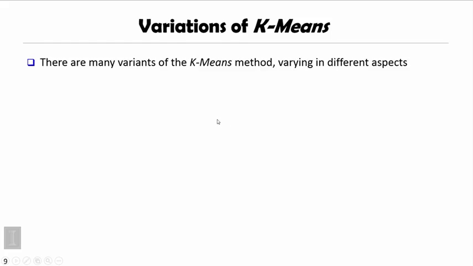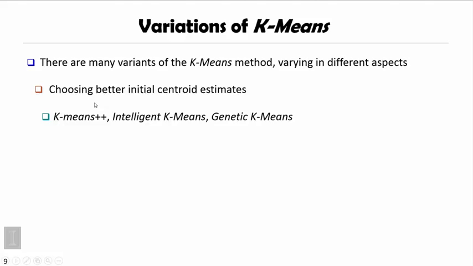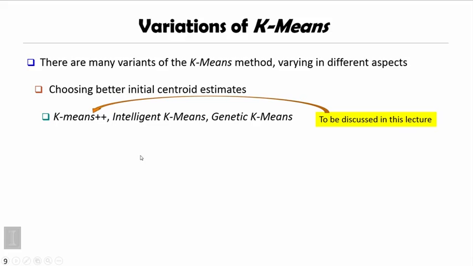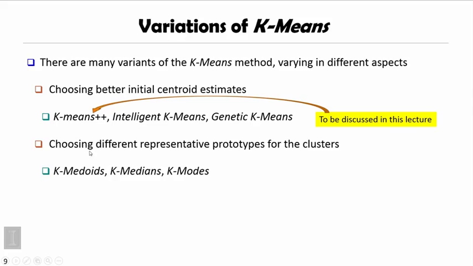Because k-means came quite early and is very popularly used, there are lots of studies working out different variations of the k-means method. For example, how to choose the initial centroids. There are methods called k-means++, intelligent k-means, or genetic k-means. We are going to introduce k-means++ in the next discussion. Another aspect is how to choose different representative prototypes for the clusters.